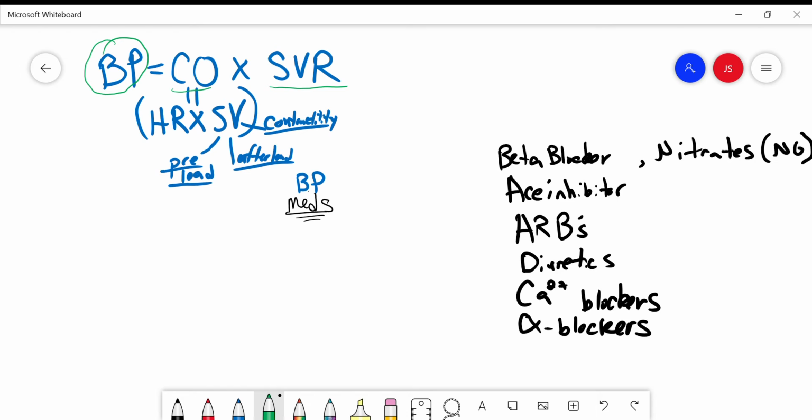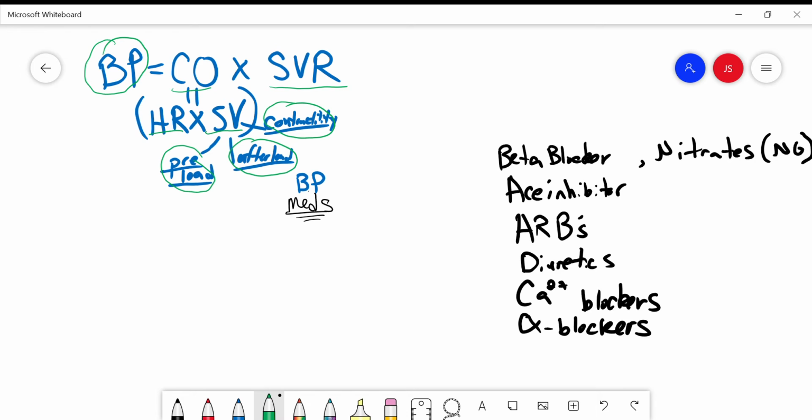And we know that the cardiac output equals heart rate times stroke volume. And the stroke volume has three components which contribute to it: the preload, the afterload, and the contractility.